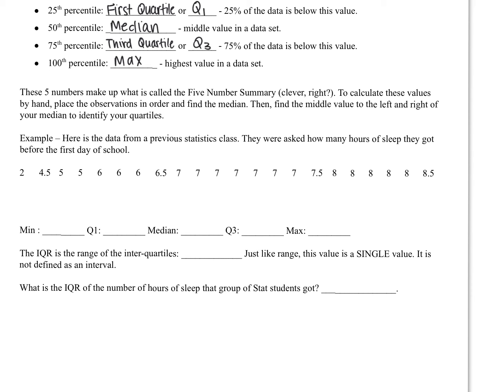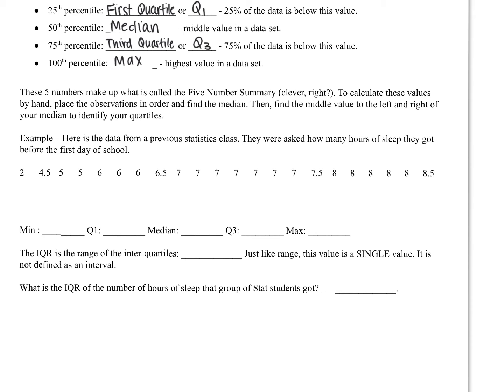So here is some data from a previous class on how many hours of sleep they get before the first day of school. And they range from anywhere from 2 to 8.5. So the first thing we want to do is find the median.